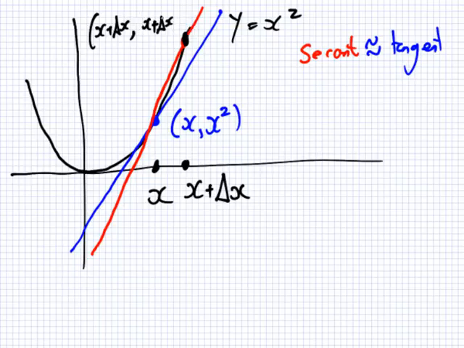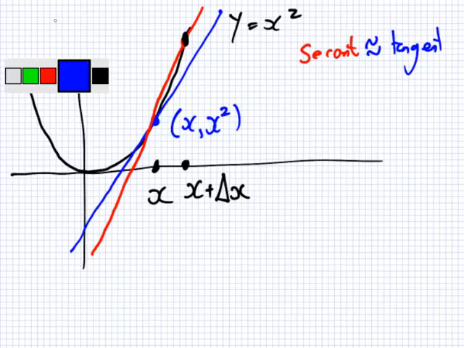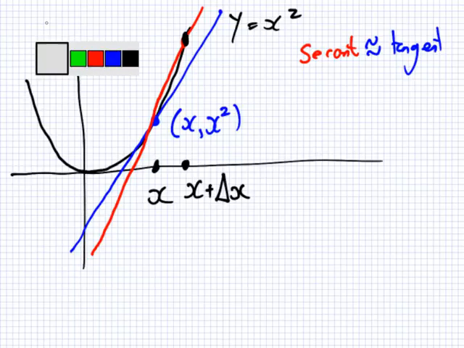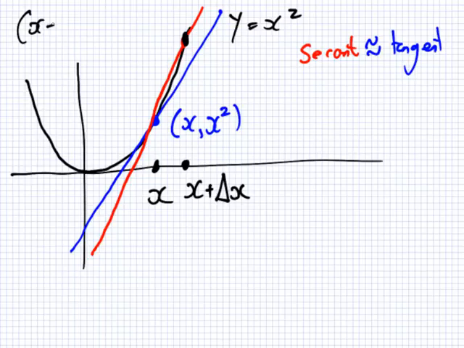Sorry, that's a bit small. Let me write that again. It would be (x plus delta x) squared, like this. Okay?